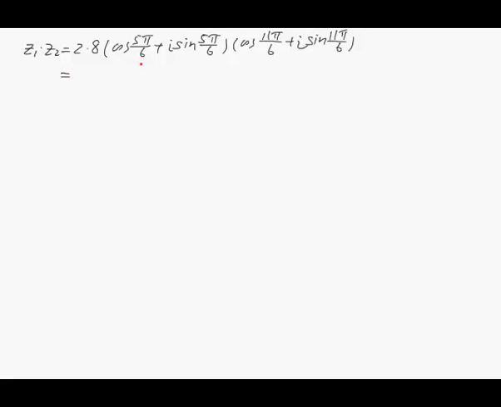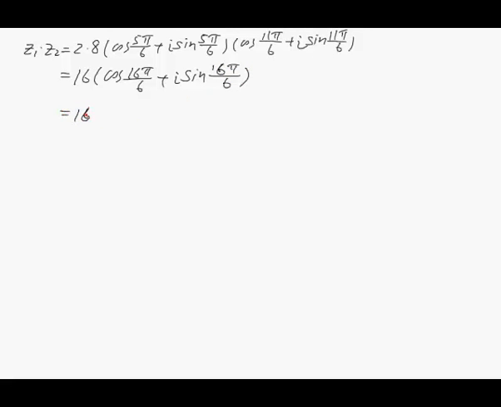Then you just add these two arguments, right? So you have the 2 times 8, 16. Then you have the cosine 5 pi plus 11 pi, you have the 16 pi, right? So you have the 16 pi over 6 and plus I times sine of the 16 pi over 6.